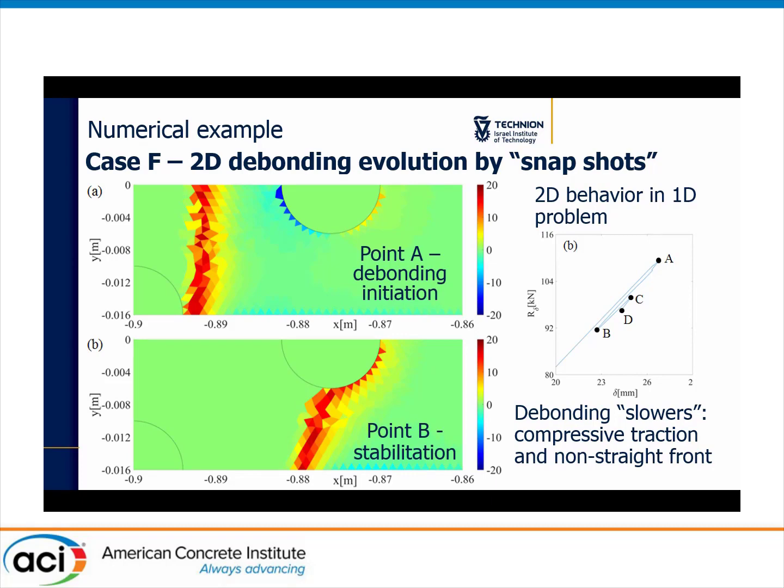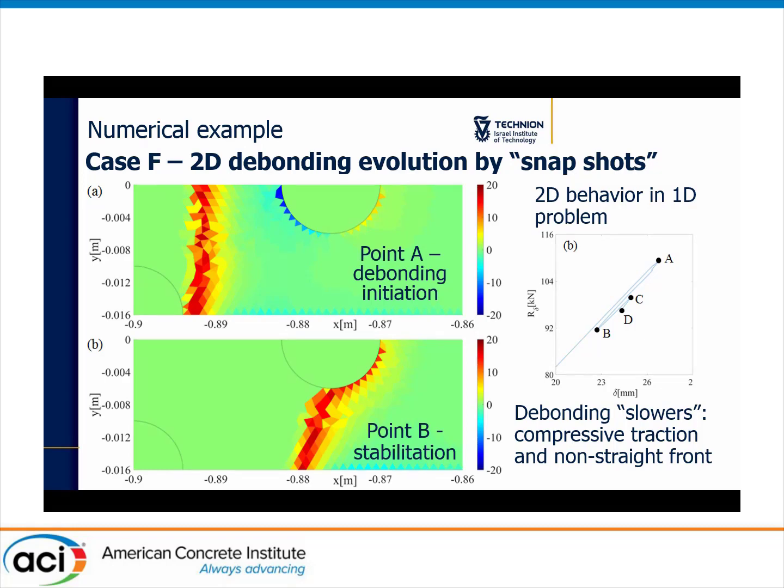We see that point A, where the snap occurs, is when the debonding front has just passed the first delamination and has become straight. Now, point B corresponds to the local stabilization of the mechanism, where the load again increases, representing a stable structural behavior.